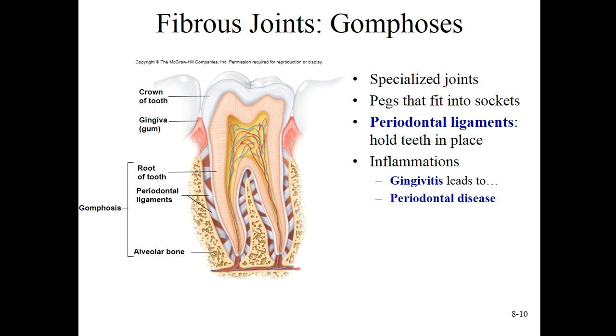Another example of a fibrous joint here is a gomphosis, and this one's pretty easy because it makes me think of gums, right? Gomphosis. Look at this. Your teeth are held in their sockets by all of these little fibers, the periodontal ligaments. I have little kids in my house, and our youngest, Liam, just lost a tooth a few months ago, and he was working on it.